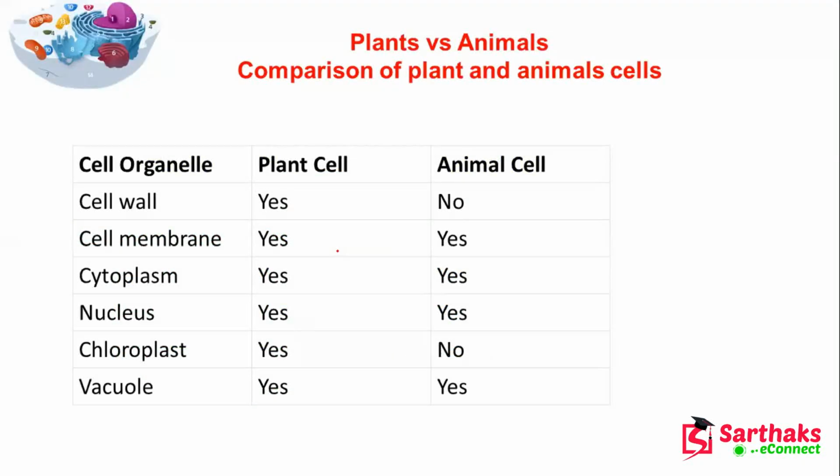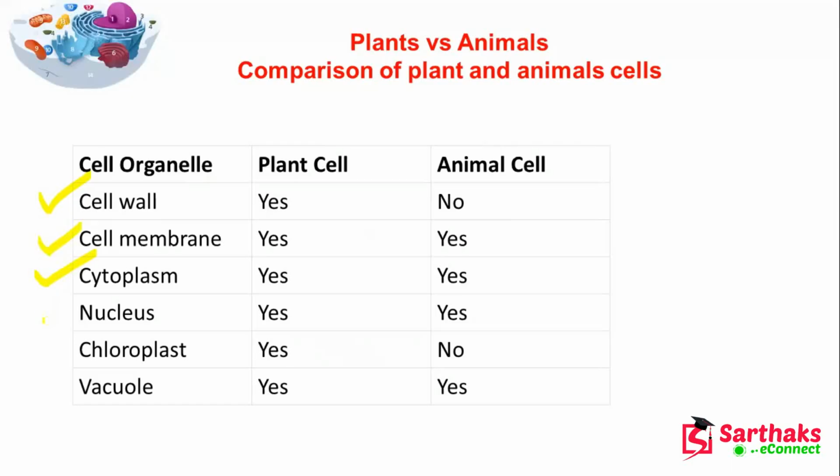Now if we compare plant versus animal cells, the first thing is the cell wall. Yes, the plant cell has the cell wall, the animal cell does not. Cell membrane, both of them have.